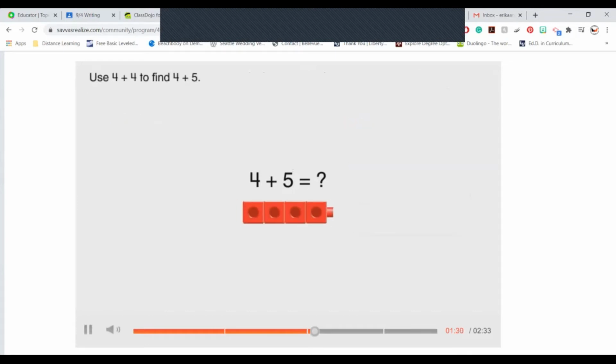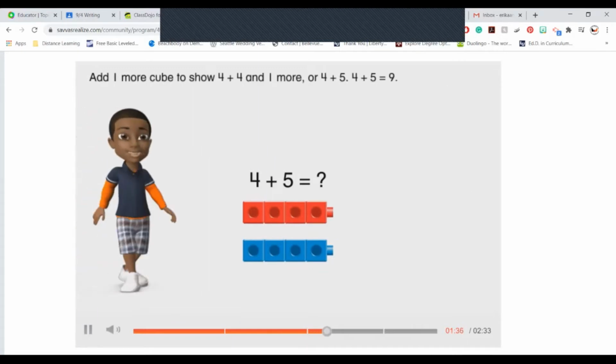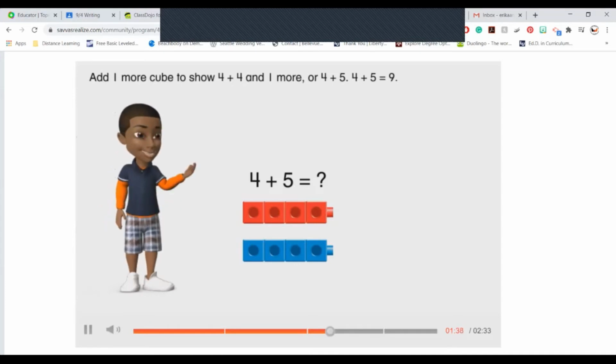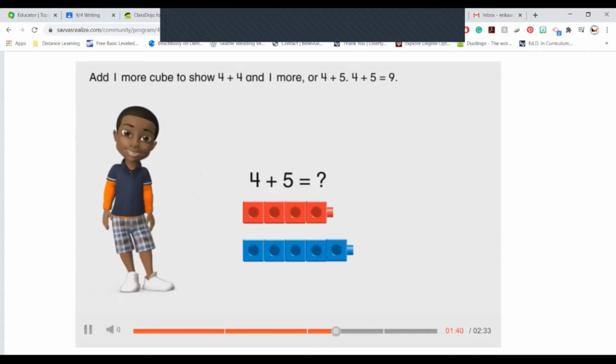Use 4 plus 4 to find 4 plus 5. Add one more cube to show 4 plus 4, and one more, or 4 plus 5. 4 plus 5 equals 9.